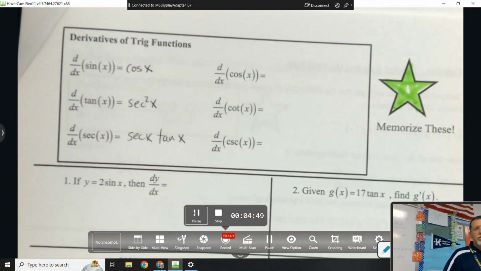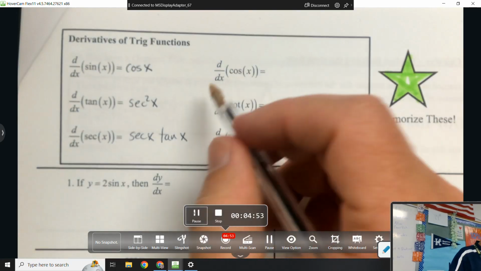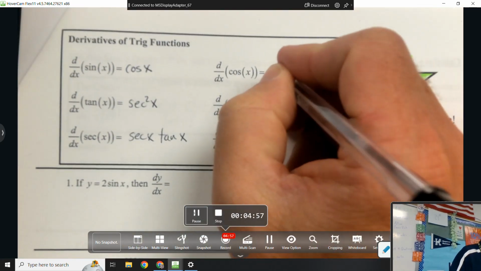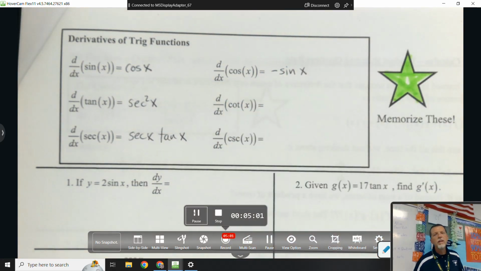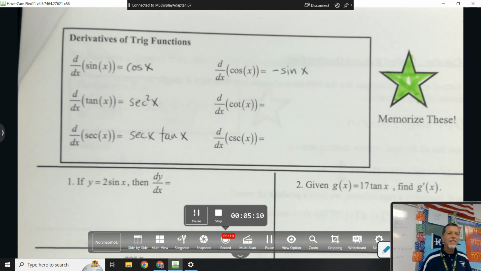Okay, now the other 3. Good news is they're very much related to the first 3. Derivative of cosine is not sine, that'd be nice, but it's negative sine. Derivative of cotangent. So you've only done one of these, so noticing a pattern is kind of tricky when you've only got one to look at.